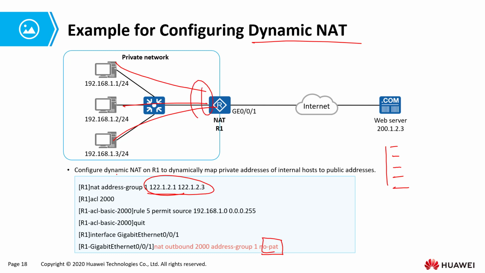If a 4th person needs to access, they will find all the IP addresses used up, so they can't access the internet until one of these goes offline. That is the challenge with NAT, and that is exactly what drives us to PAT, or port address translation, also called network address and port translation, which we'll cover in the next video.